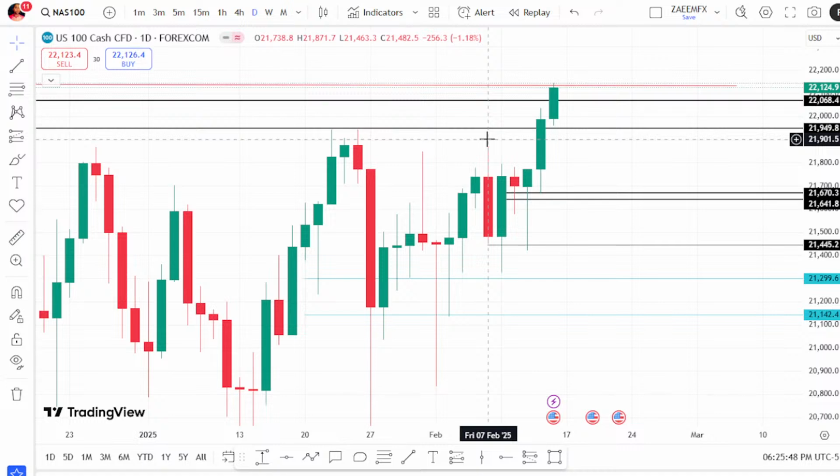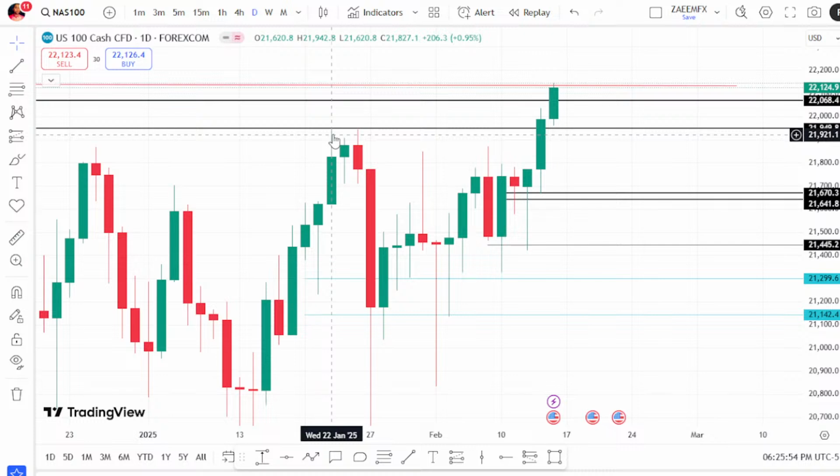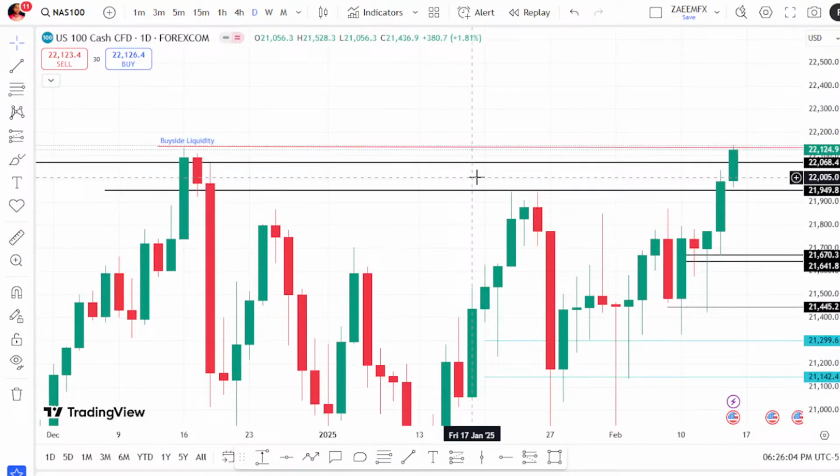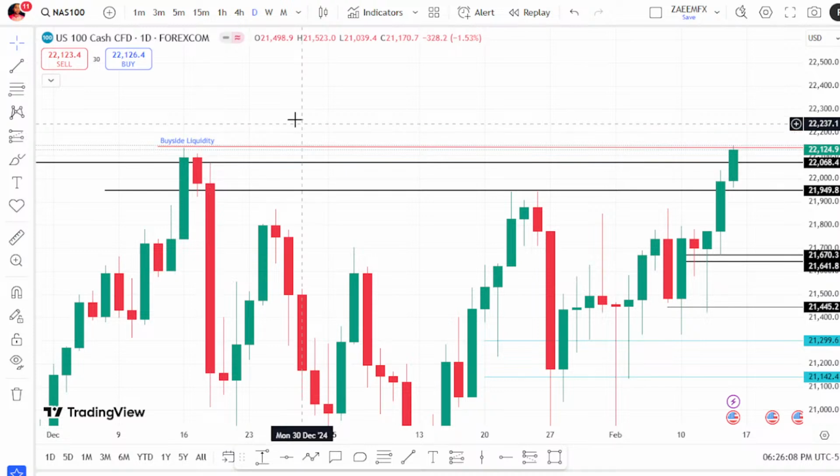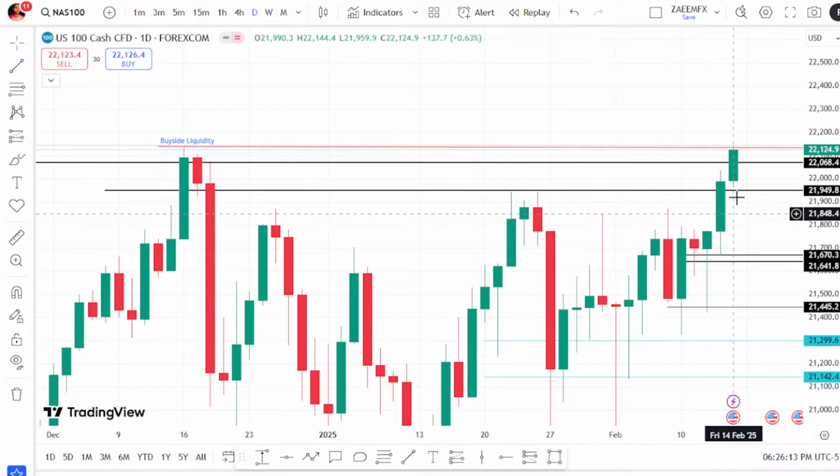That's the first thing I know. The second thing is this local high here. That is where I was anticipating price to reach. Then the overall high here. I mentioned this high on Friday, that I wanted to see the market trade into it, and it did that.